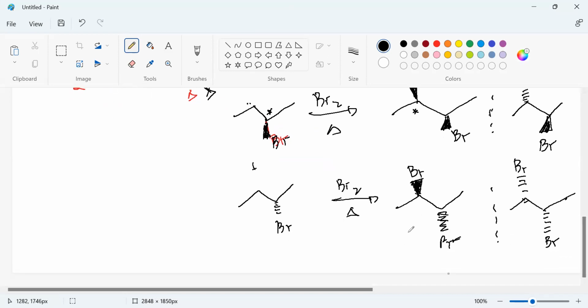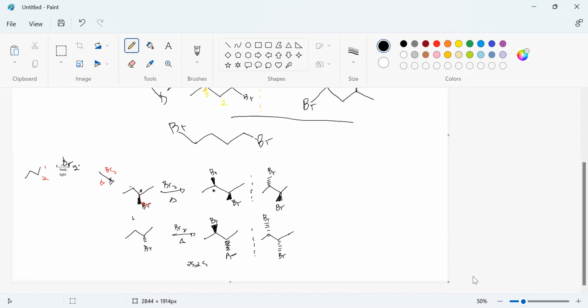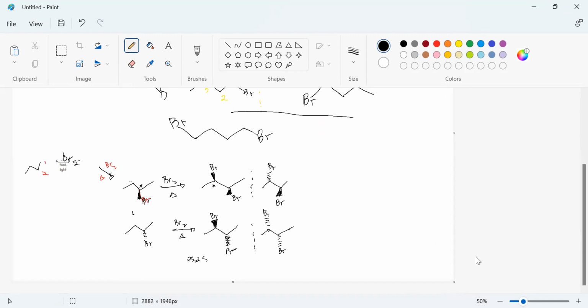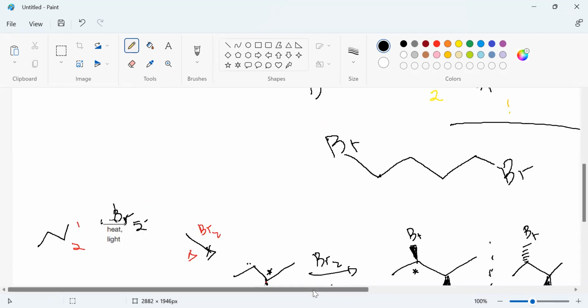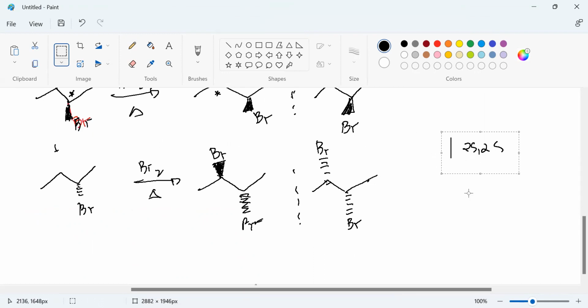Okay, so in general, your combinations, there's two, you can have 2R and 3R, or you can have 2S and 3S. Assign them later, but I just want to say that your products, you can have your 2S, 3S, you can have your 2R, 3R.